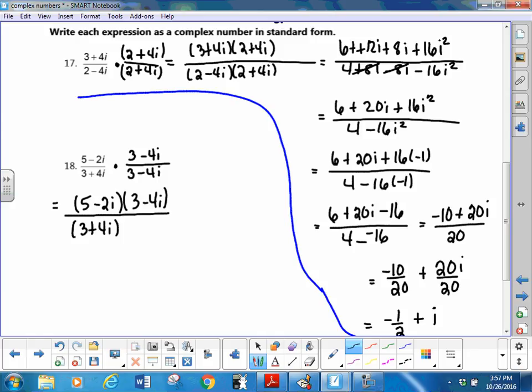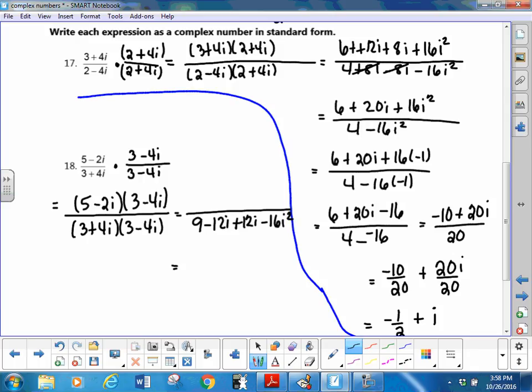We're going to do this on the bottom. And there's a shortcut. I think after you work several of these, you'll see what the shortcut is as far as the denominator is concerned. But let me go ahead and work through this one with you. 3 times 3 is 9. All I'm doing is multiplying these. I get negative 12I plus 12I and minus 16I squared.